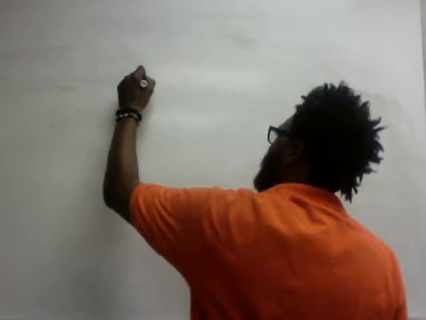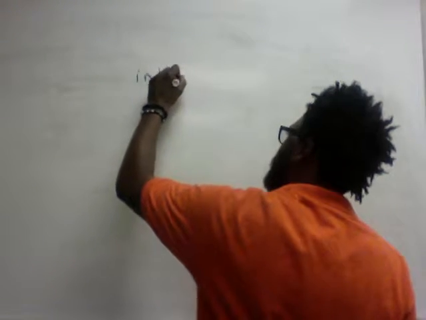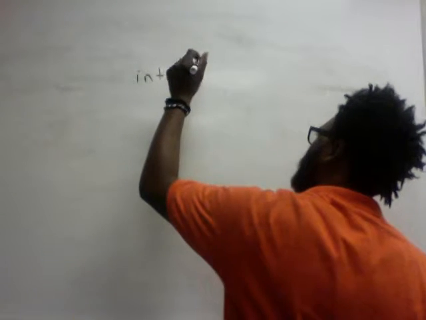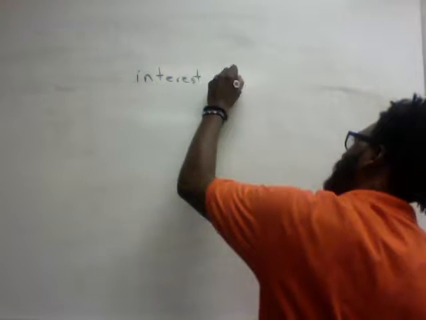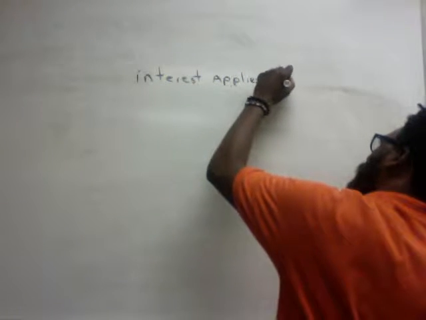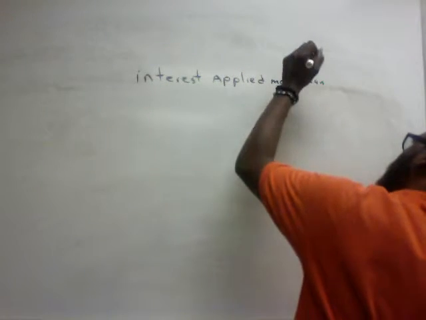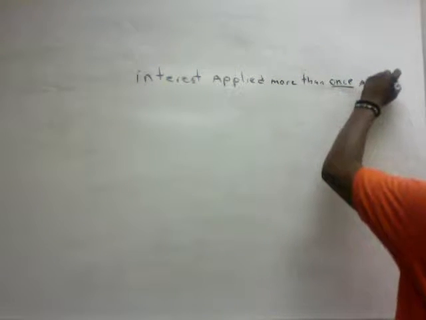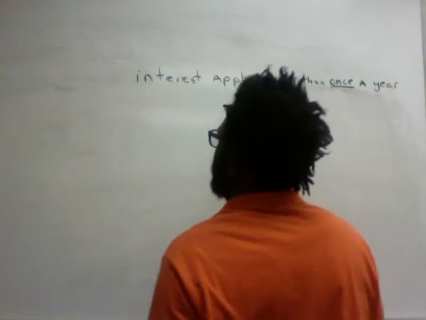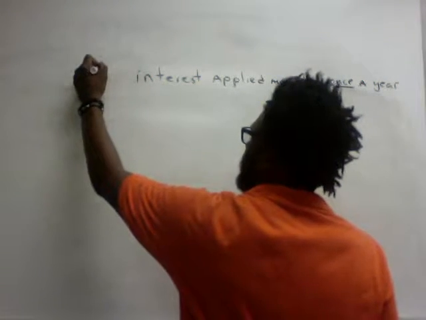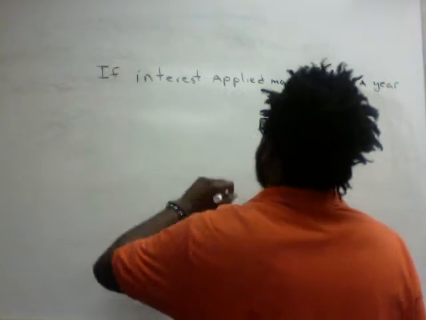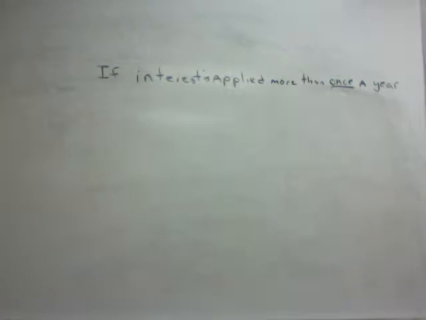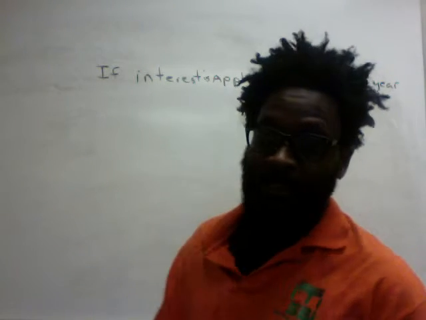And so here's the rule of thumb. If interest is applied more than once a year, then you have to make some adjustments with your factors.